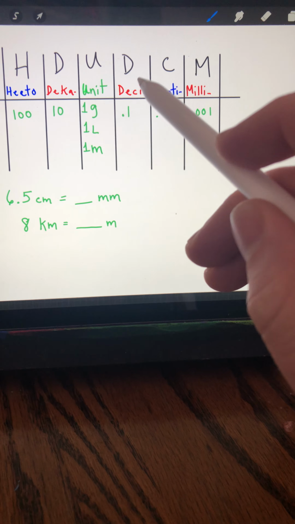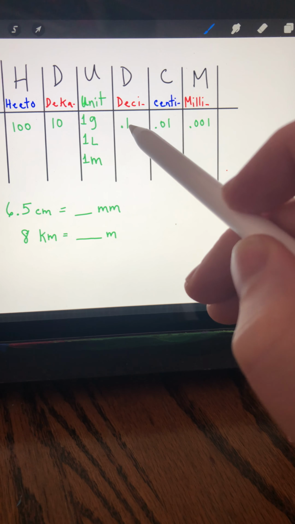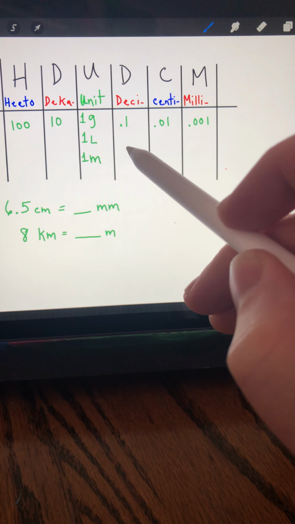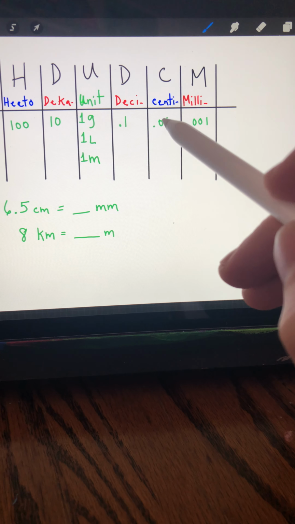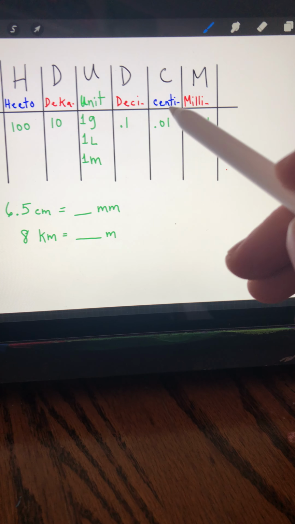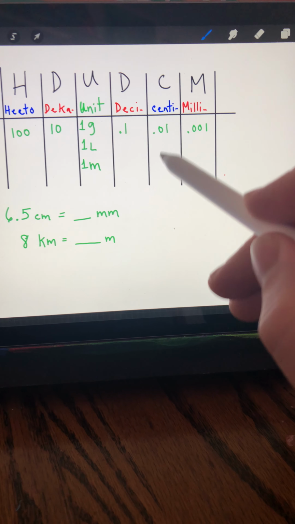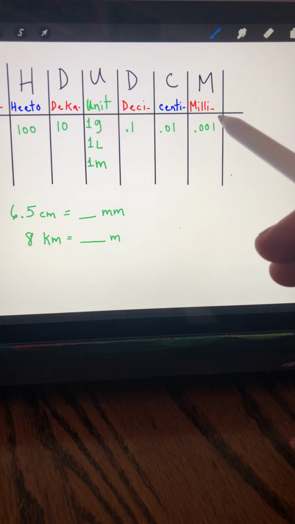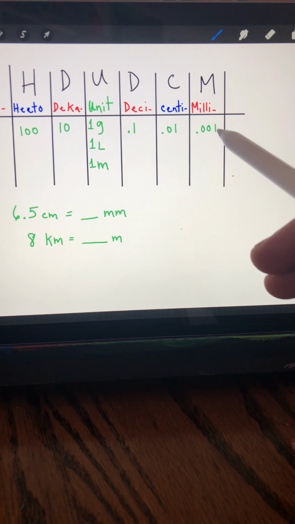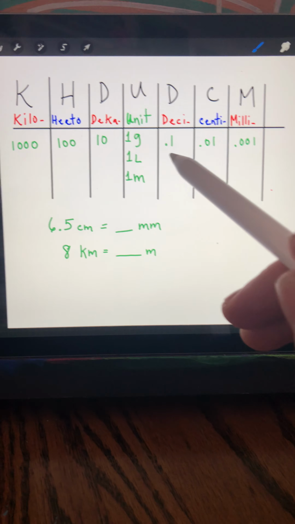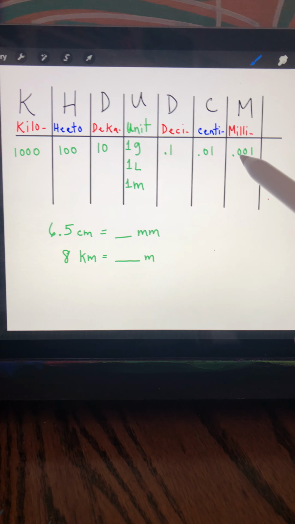Then we have decimeter, which means you have 1/10 of a meter, just a small piece of it. Then we have a centimeter, which is 1/100th of a meter, even smaller. And then we have a millimeter, which is really tiny, and that's 1/1,000th of a meter. So it's just like our base 10 number system.